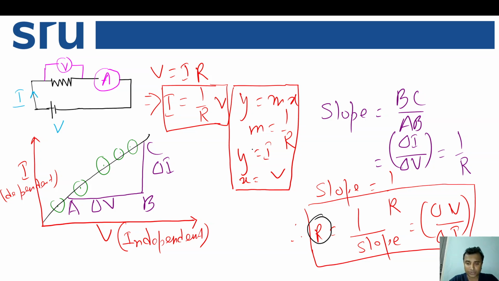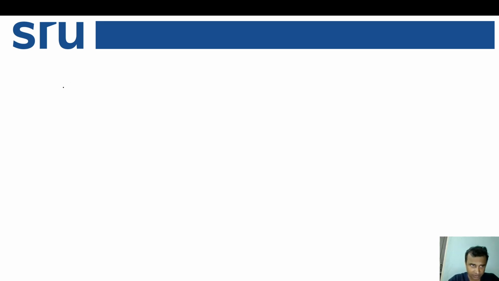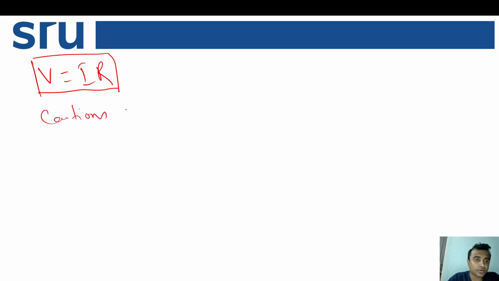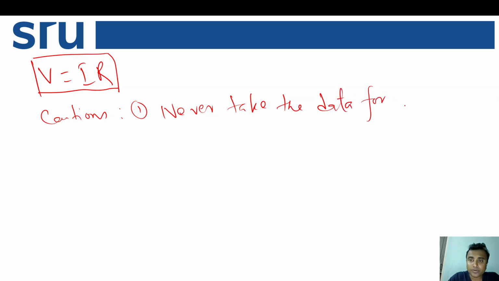So what will be the caution? What will be the caution of this experiment? So now we know that V equal to IR. That's our form for Ohm's law. So here the caution will be: never take the data for a long time, because now we know that if the time increases, what will happen?